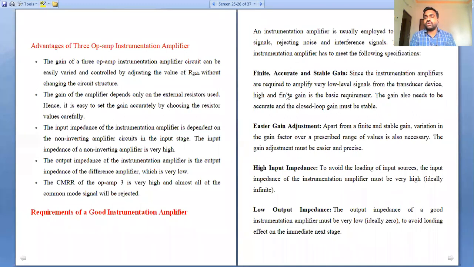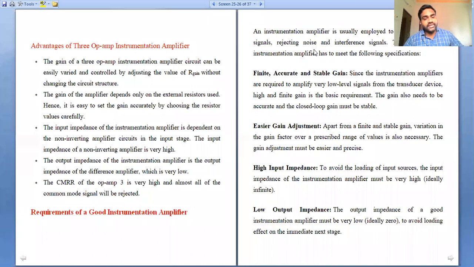The instrumentation amplifier is used to measure physical quantities. It should have good noise rejection, which we already discussed in the last class. An instrumentation amplifier has good noise immunity. That means it can reduce the disturbance of a signal, and the interference components are very small. These are the general things we are all familiar with.